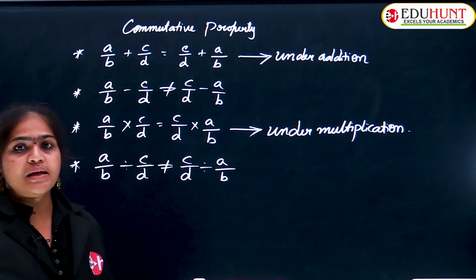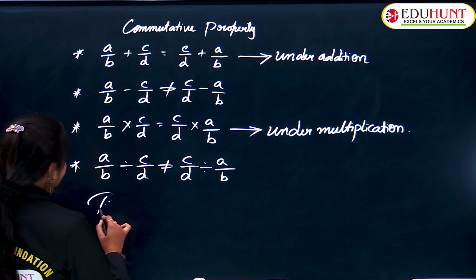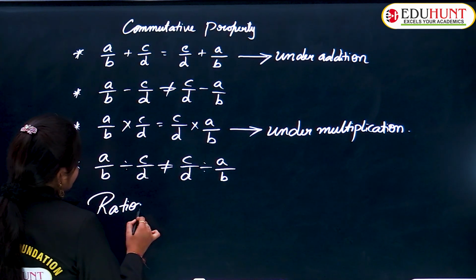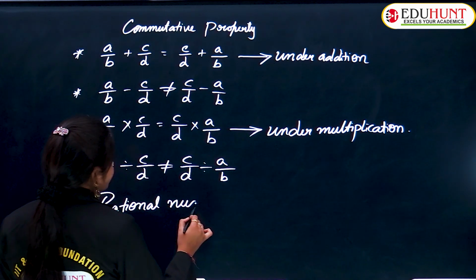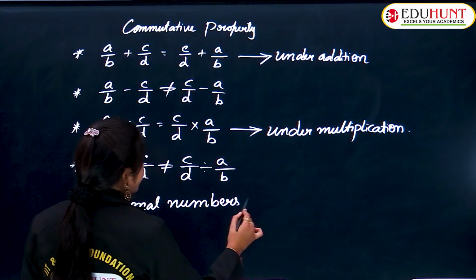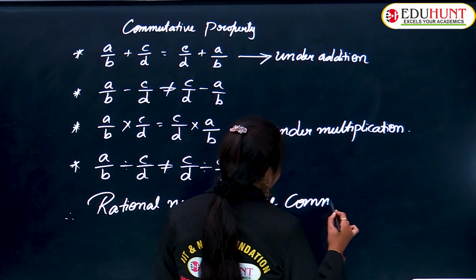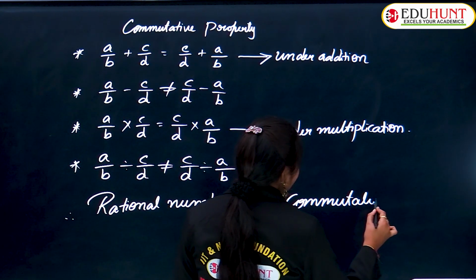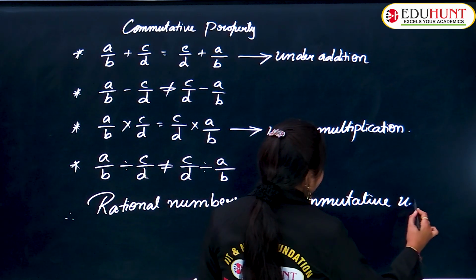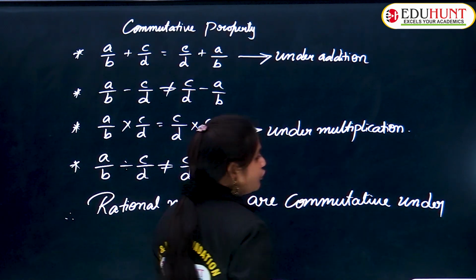Rational numbers are commutative under which 2 fundamental operations?